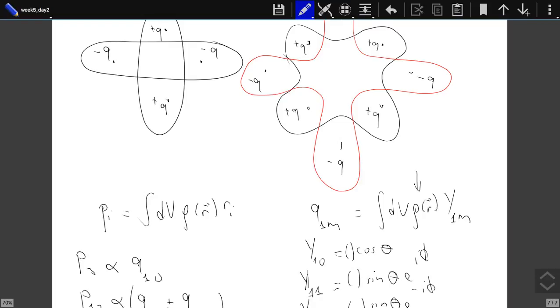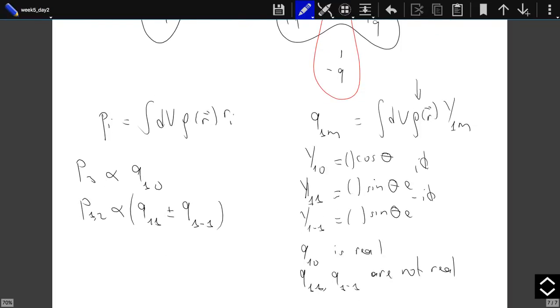What if we try to equate the Cartesian form of the dipole moment with the spherical form? Yes? What does the imaginary part correspond to? Well, you see, Q_11 and Q_1 minus 1 are complex numbers.